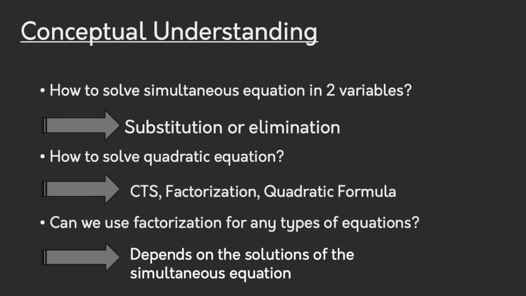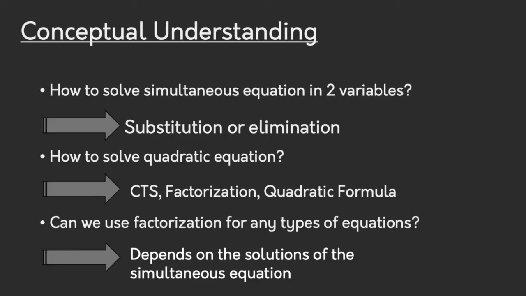Secondly, how to solve a quadratic equation. You can solve it by either using CTS, which is completing the square, factorization, or the quadratic formula. CTS and the quadratic formula, you can use in all types of equations, with all types of solutions.